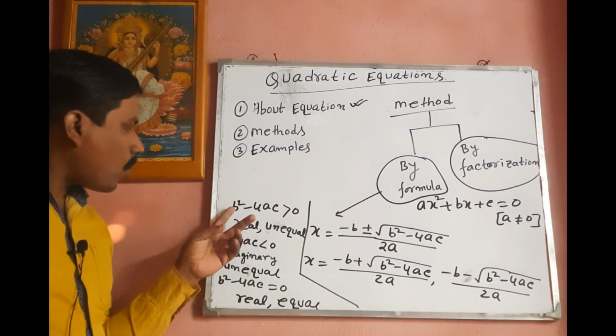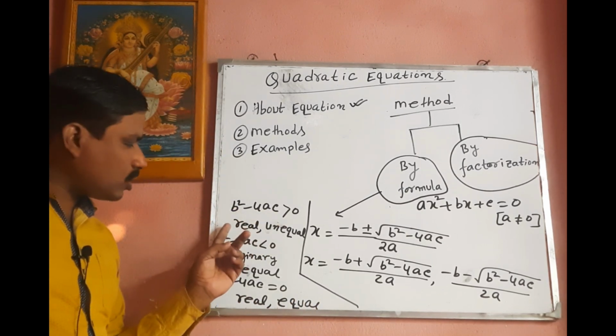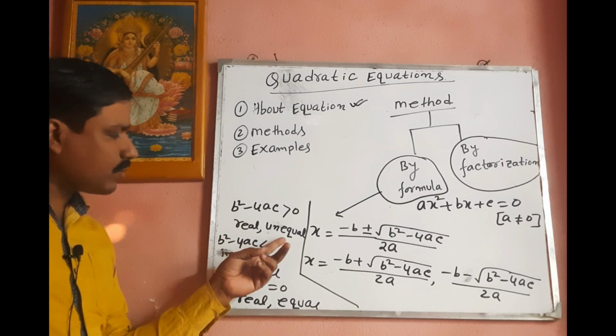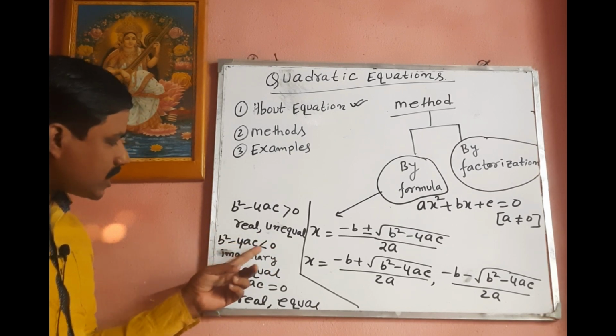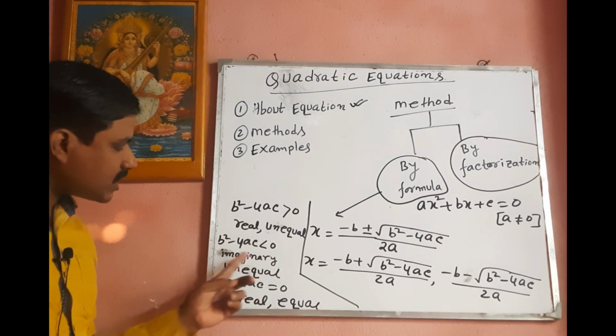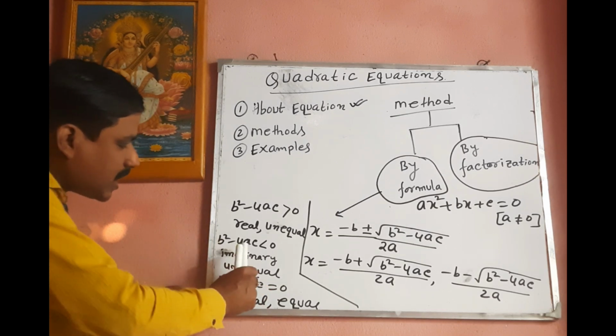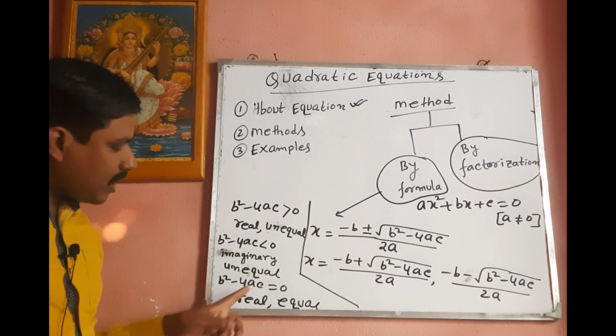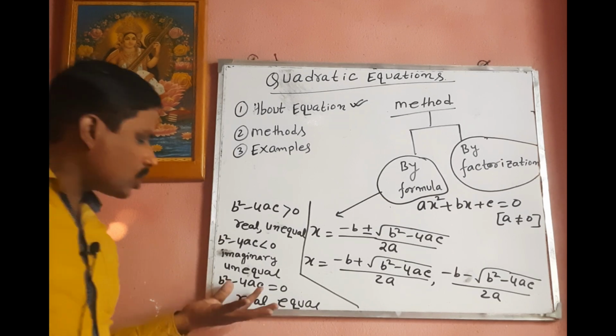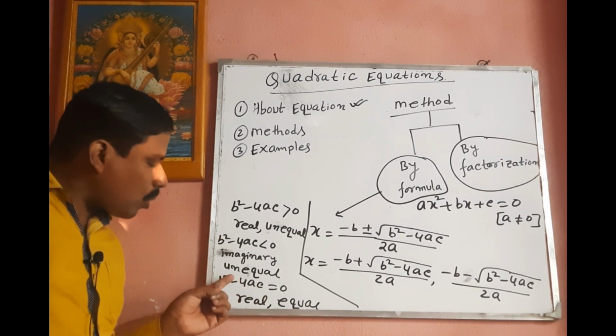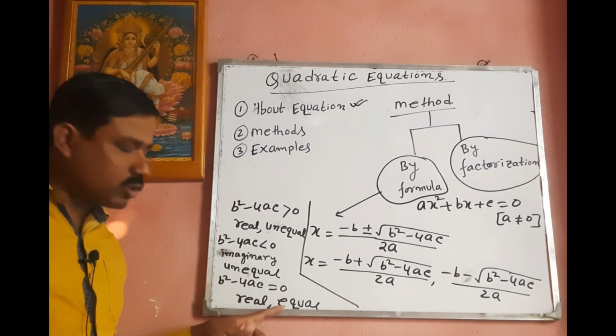So, when b square minus 4ac is greater than 0, the roots are real and unequal. When it is less than 0, the roots are imaginary and unequal. And when it is equal to 0, the roots are real and equal. So equal roots can be found when b square minus 4ac is equal to 0.